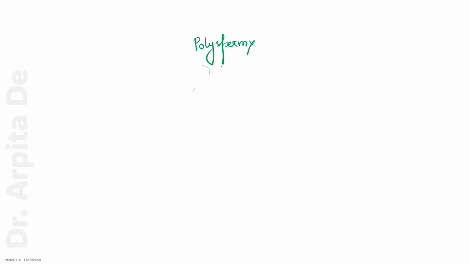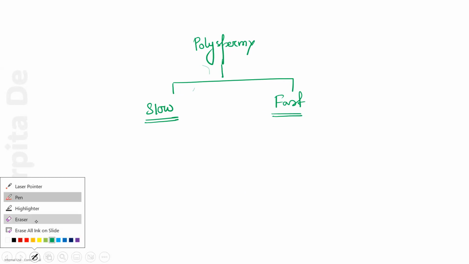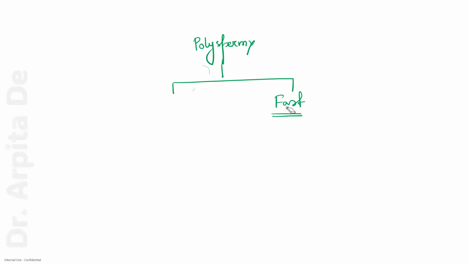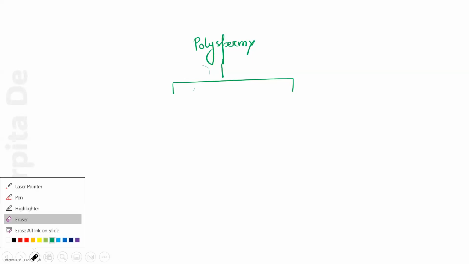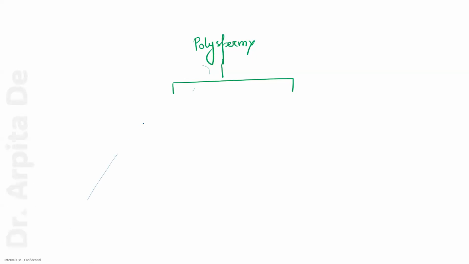One is slow block to polyspermy, the other is fast block to polyspermy. Well, we should write fast block to polyspermy first and then we'll write slow block to polyspermy.